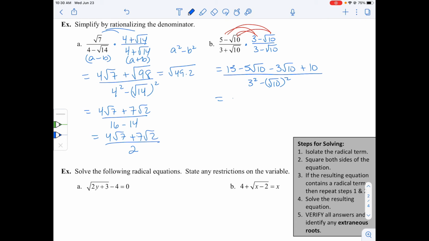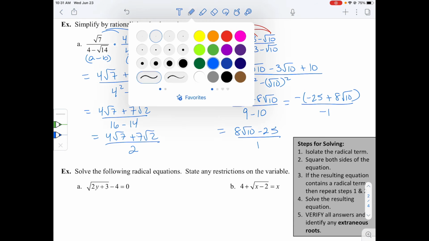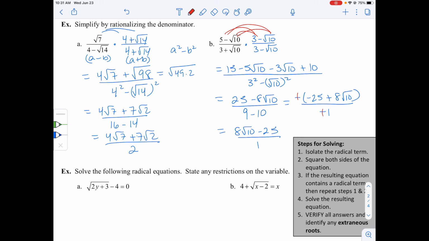So we end up with 25 minus 8 root 10 all over 9 minus 10, which is negative 1. So we end up with an 8 root 10 minus 25 over 1. And how I did that is if I factor out a -1 here on my numerator, and I get a -1 denominator, what's going to happen is these two guys are going to cancel.